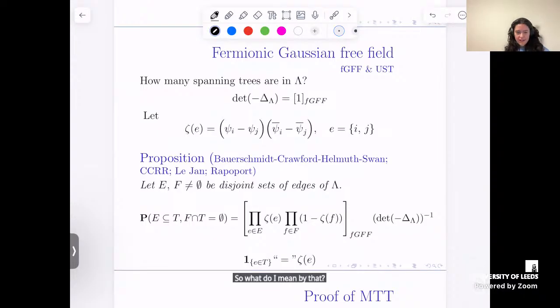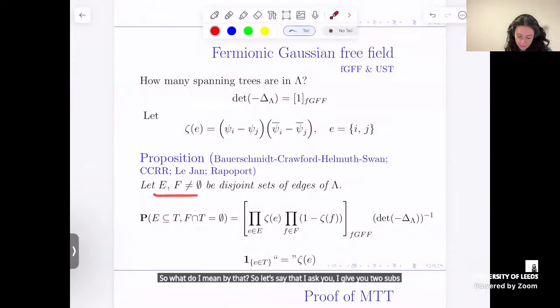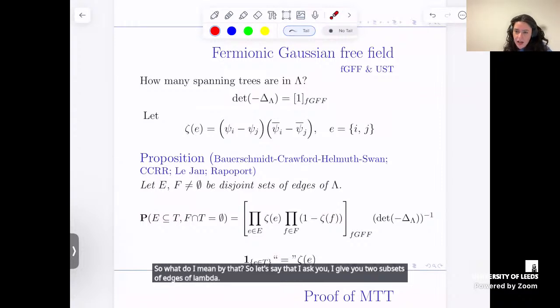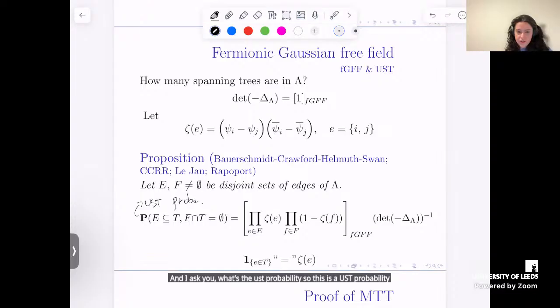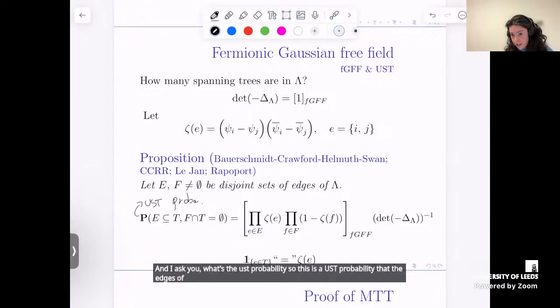So let's say that I give you two subsets of edges of lambda, E and F, and I ask you what's the UST probability that the edges of E are in the uniform spanning tree, and the edges of F are not in the uniform spanning tree.